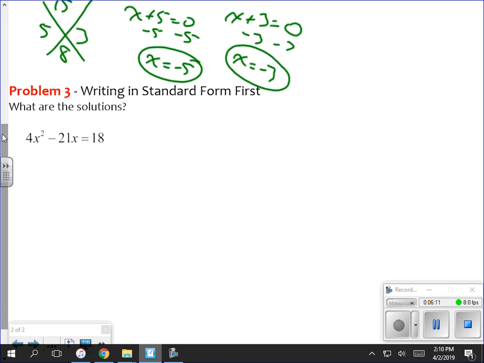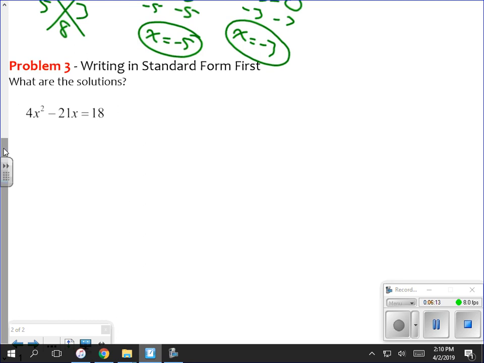Okay, problem number 3. Here's a problem. Problem number 3 cannot be factored as it stands, and solving by factoring only works if it's equal to 0. This is not equal to 0. I need to have everything equal to 0 or factoring doesn't work.